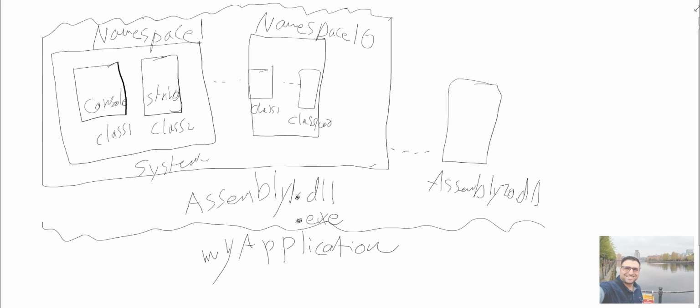Now if you go to this class, and this is of course a system defined class, but I'm just giving you a hypothetical example. Let's assume that you defined this class and you define the methods or the fields inside this class to be public. Then the content of this class will be accessible within the whole application, including the different assemblies and the namespaces.